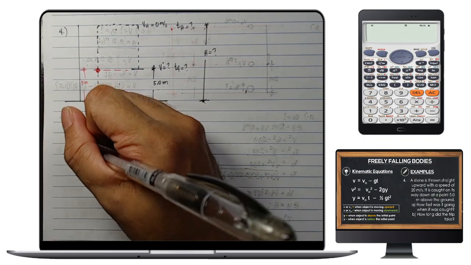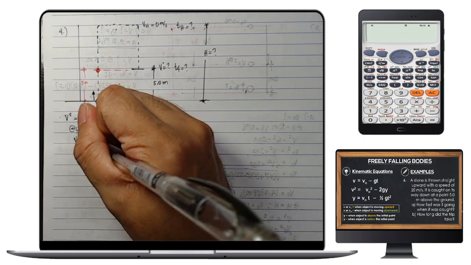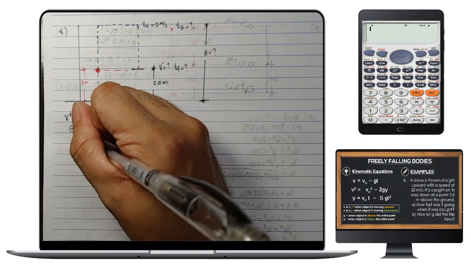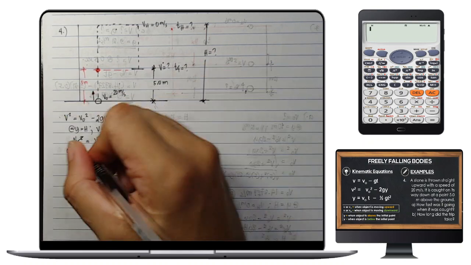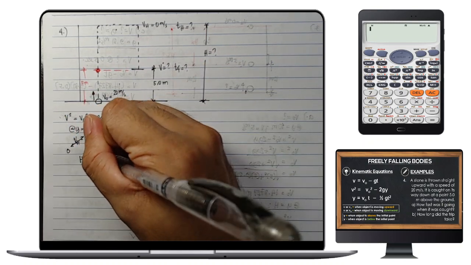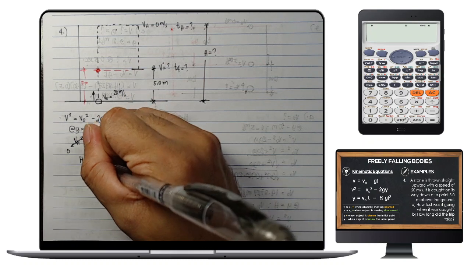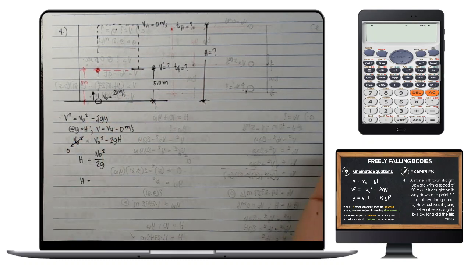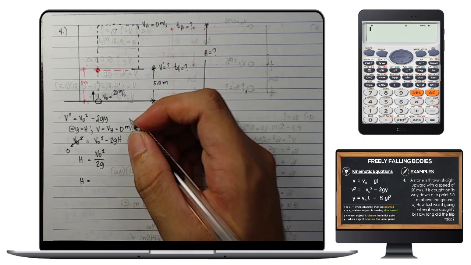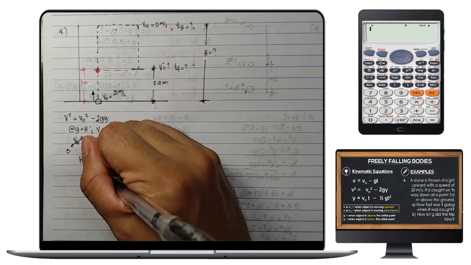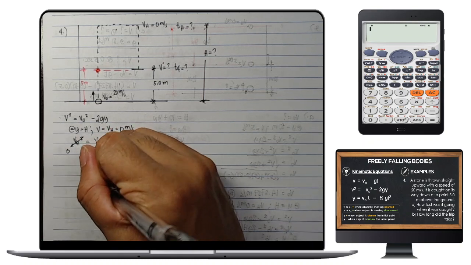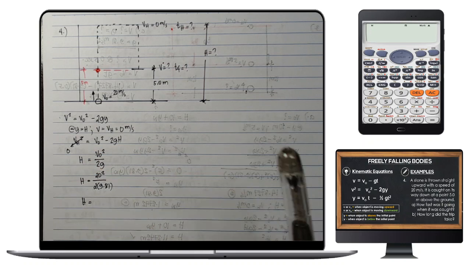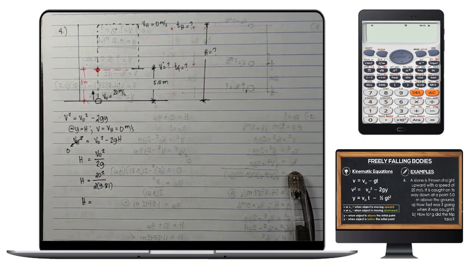So, substituting, v sub h squared is equal to v0 squared minus 2gh, and v sub h natin is equal to 0. And we can find the value of h to be v0 squared divided by 2g. So, meron naman tayong values niyan. So, v0 natin, we have it as 20 being squared divided by 2 times 9.81.